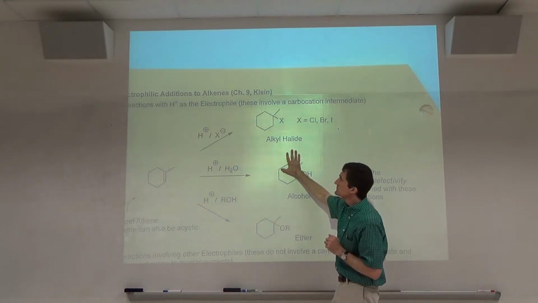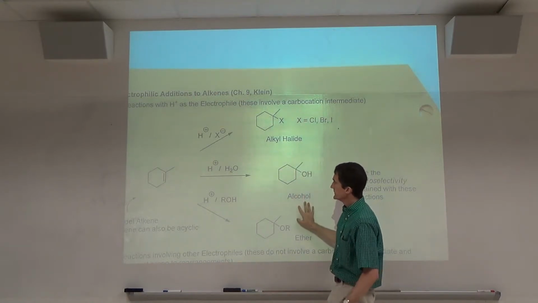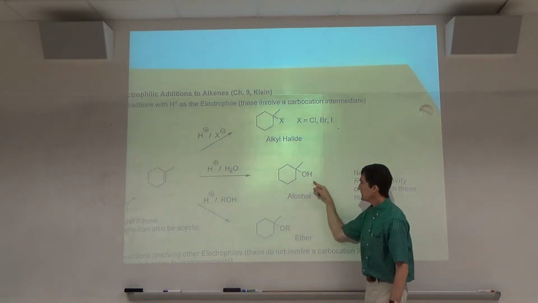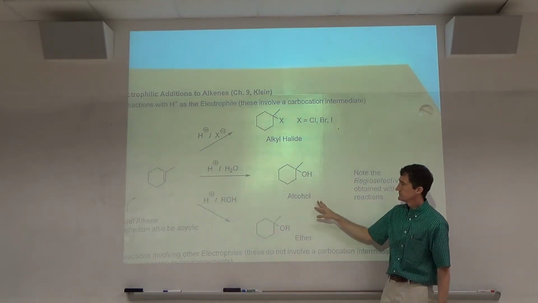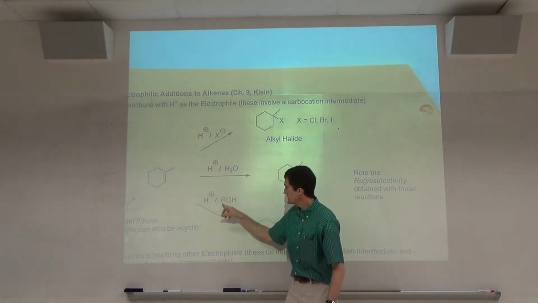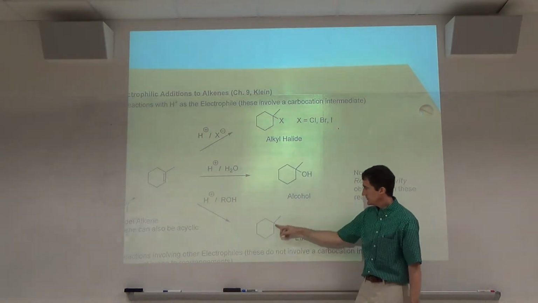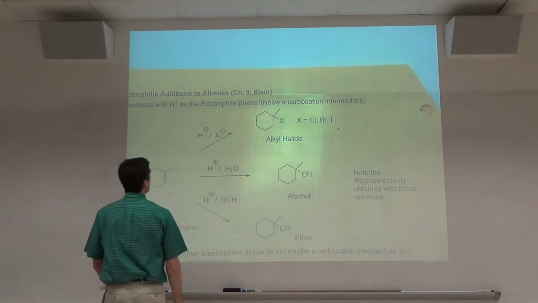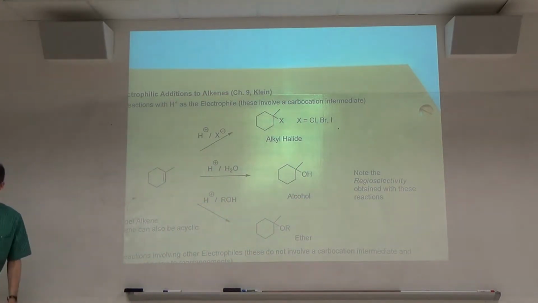Alright? I don't think there's anything to write down here. We're just going to sort of overview here. Alkenes react with H plus and water to give alcohols. Alkenes react with H plus and alcohols to give ethers. These are all addition reactions.